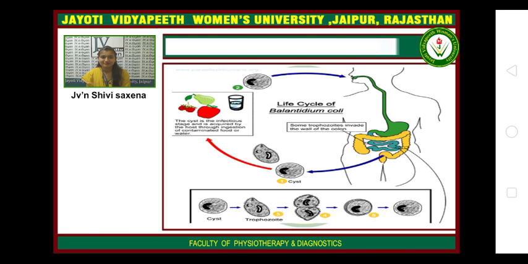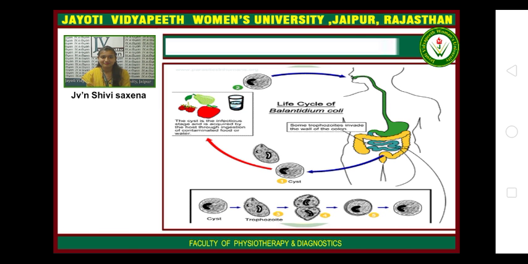Sexual union by conjugation also occurs infrequently, during which reciprocal exchange of nuclear material takes place between two trophozoites enclosed within a single cyst wall.